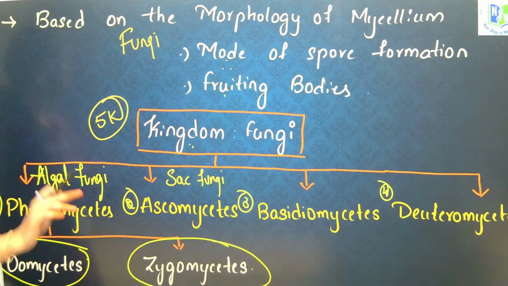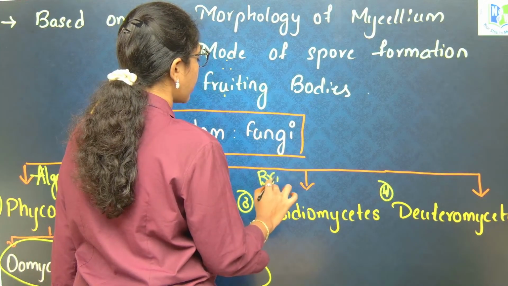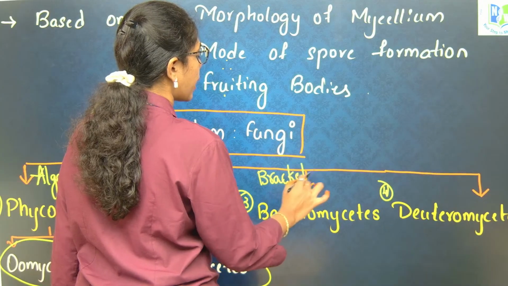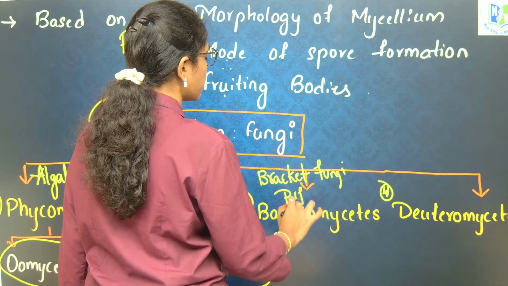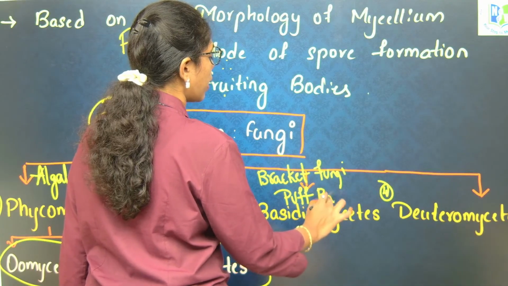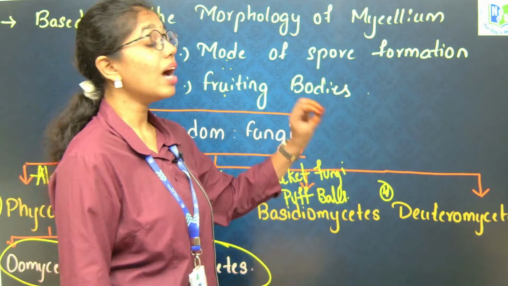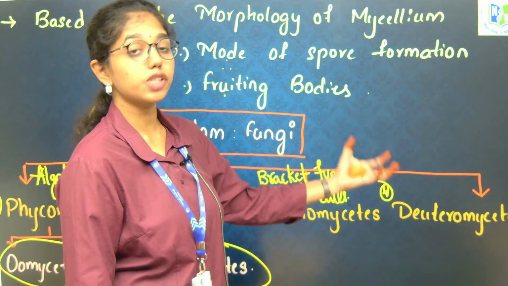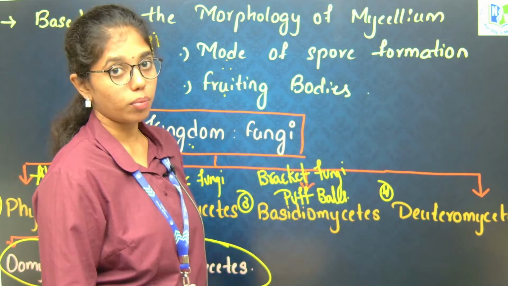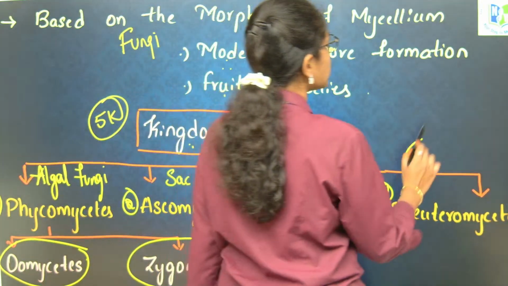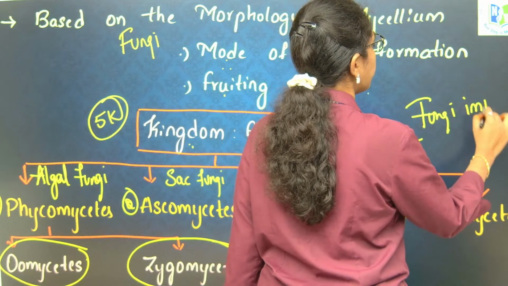Basidiomycetes is the advanced class of fungi, also called bracket fungi or puffballs. Next, Deuteromycetes, where there is no perfect sexual stage in the life cycle of the fungi belonging to this class. So, these are called fungi imperfecti.